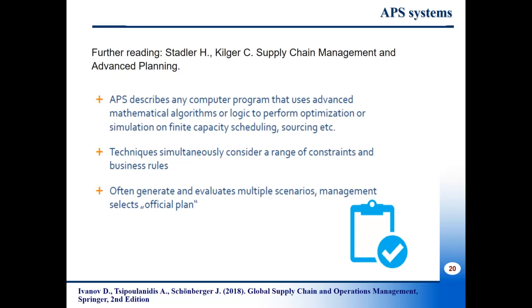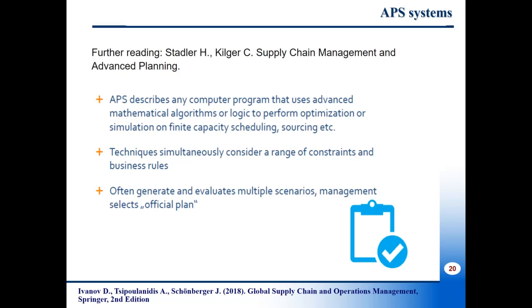And in general, APS or Advanced Planning System describes any computer program that uses advanced mathematical algorithms or logic to perform optimization or simulation on finite capacity scheduling, sourcing, etc. These techniques simultaneously consider a range of constraints and business rules.